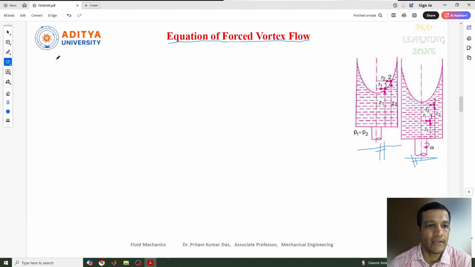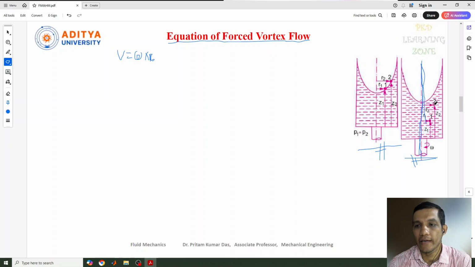We know that for forced vortex flow, V equals omega into R. Here V is the velocity of the liquid, omega is the angular velocity, and R is the radius of the liquid point from the axis line of rotation.